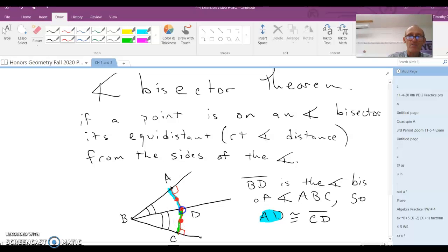Now, this is not a midpoint because this whole thing is not a segment. But if a point is anywhere along this angle bisector, let's call it E, it's equidistant from the sides of the angle.